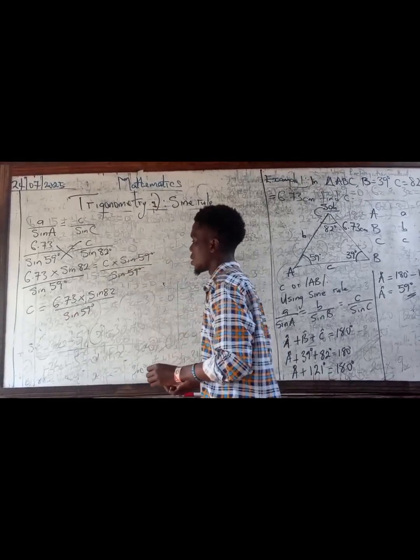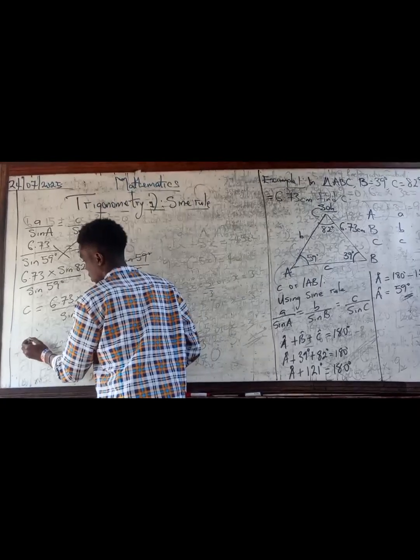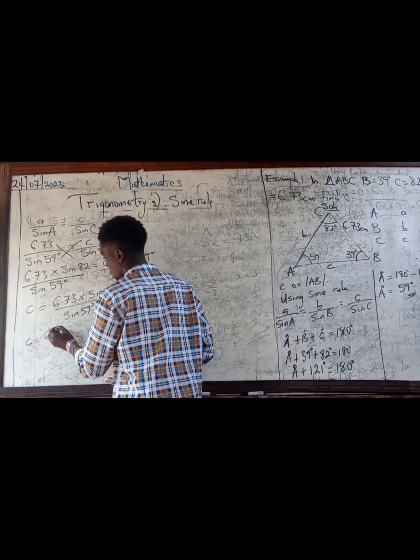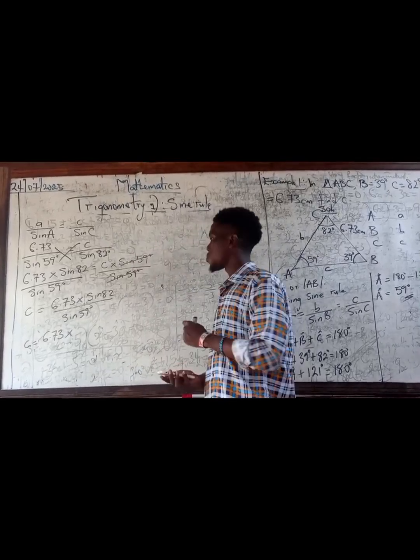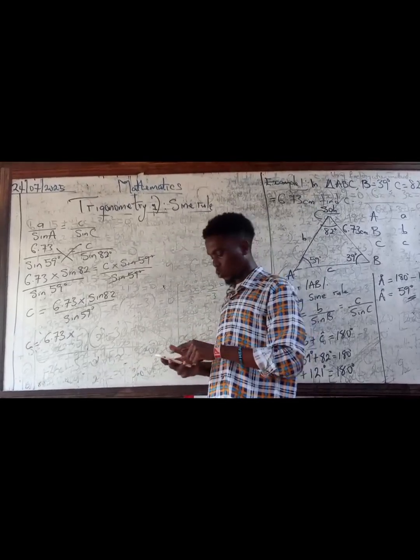So let's go ahead and solve this. We have C is equal to 6.73 times sine 82, so let's go to our calculator and punch sine 82.